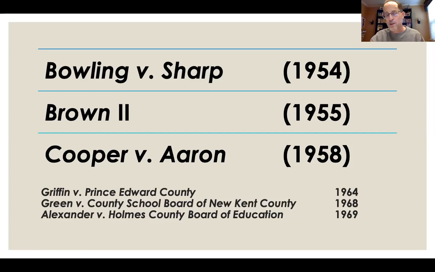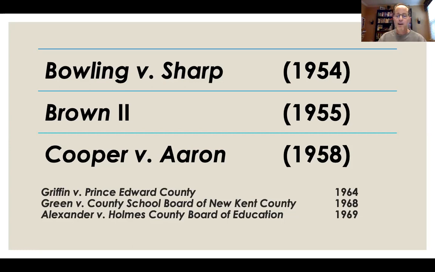In Griffin versus Prince Edward County, after 5 years of not having public schools, after 5 years in which children were denied the right to an education, where they desperately tried within church basements, or maybe through a few Quaker groups to get an education, the Supreme Court invalidated Virginia's use of property tax abatements. If you sent your kid to a private school, you received a 25% reduction in your property tax. Effectively, that's akin to public funding of a private school. So we get the end of that system.